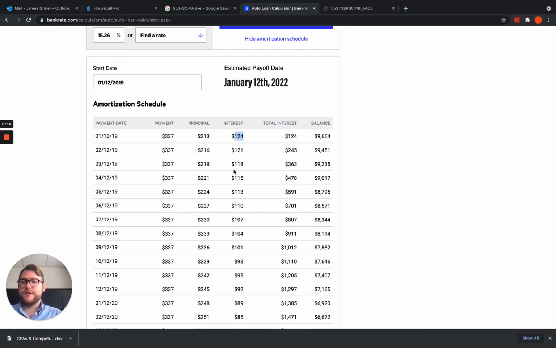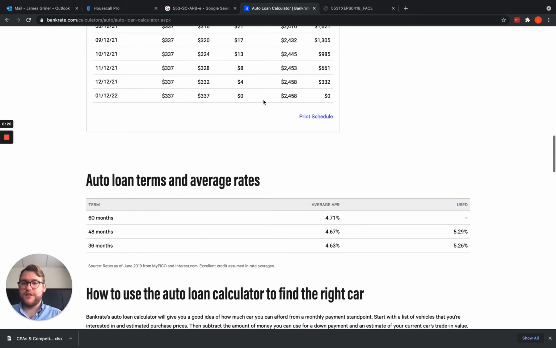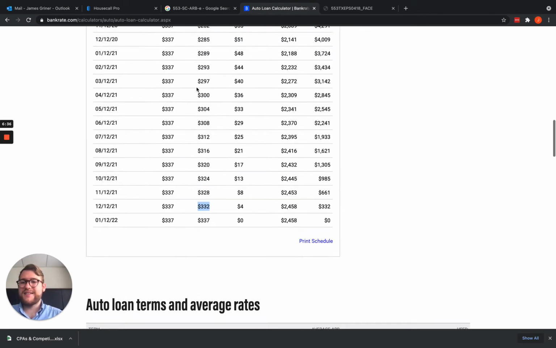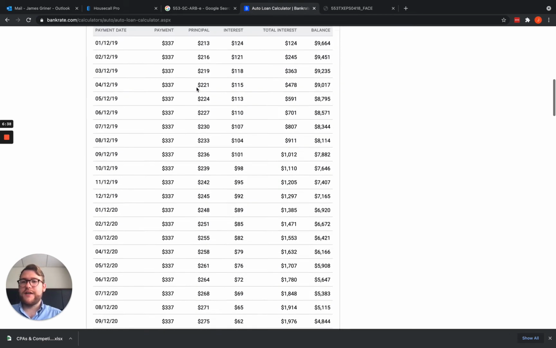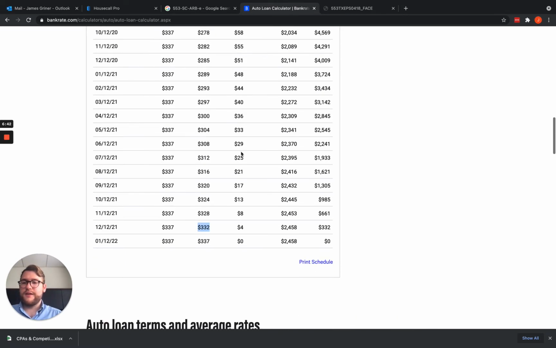As you'll notice, slowly over time, this interest decreases. Every single month it decreases, and your principal payment increases. That's why we need this amortization table, because by the time we get to the end of everything, you're paying very little in interest and mostly just paying on the principal, because that is how loans work. As you start, you pay more in interest, less in principal, and then it just switches as you go further in the loan.